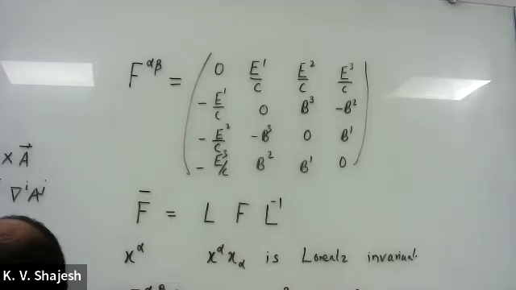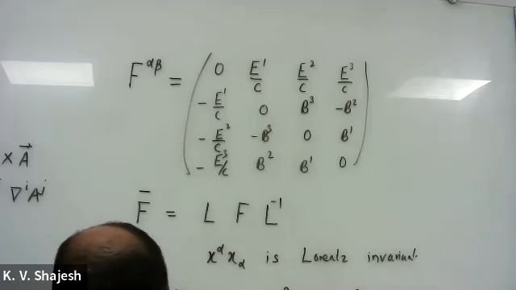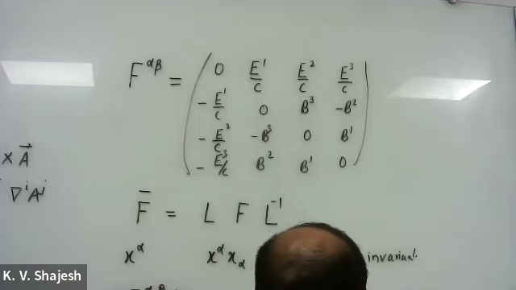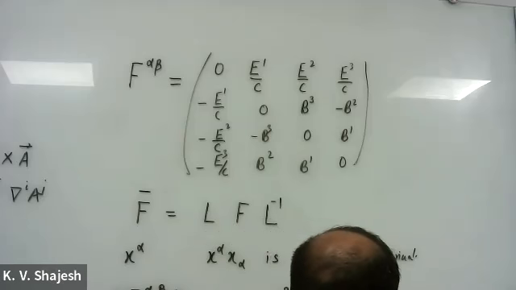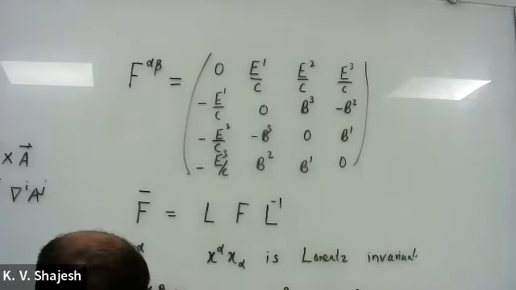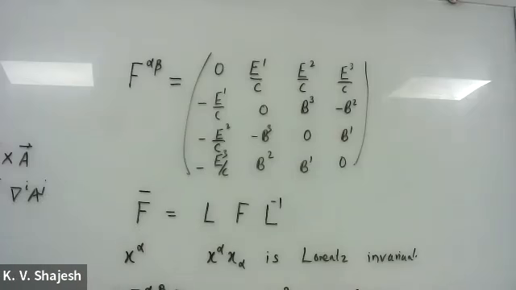If this is less than 0 in one frame, then there exists a frame in which electric field is 0. That means it is purely magnetic. And then there is one more condition, E squared equal to c squared B squared. Give an example of a case when E is equal to cB: a plane wave, right?